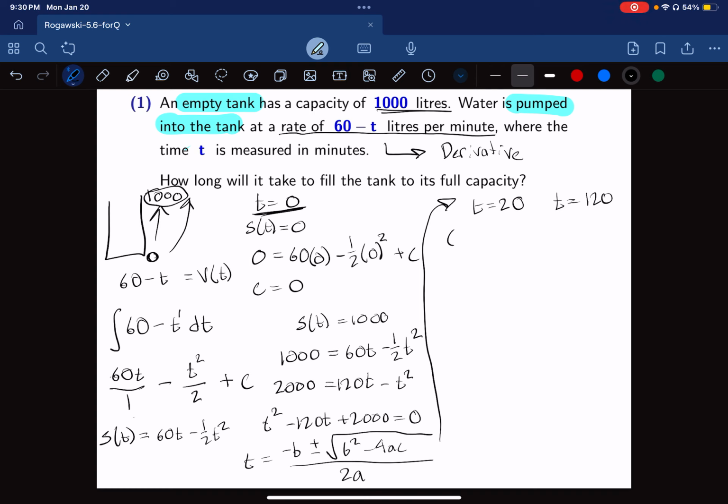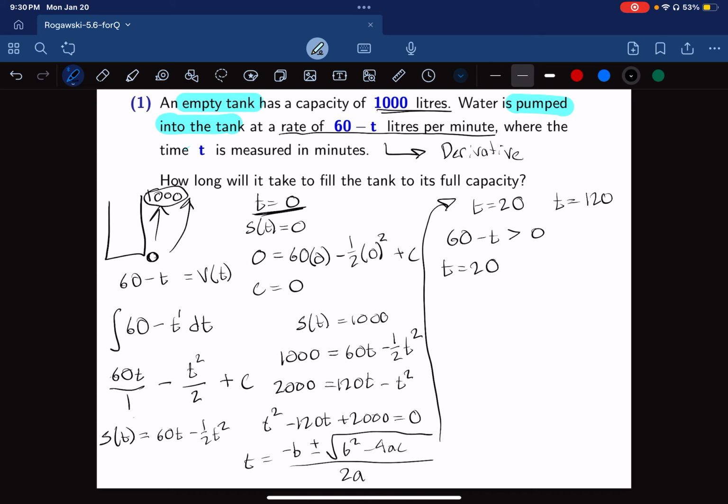So, we know that 60 minus t has to be greater than 0. And simply from plugging in both of these values in for t, we find out that t equals 120 would make this below 0. So therefore, the correct answer is t equals 20.